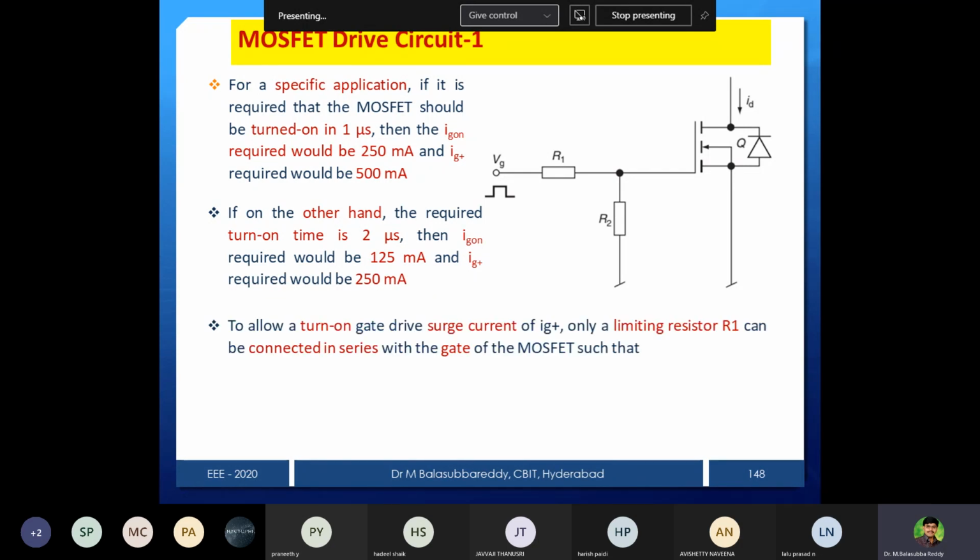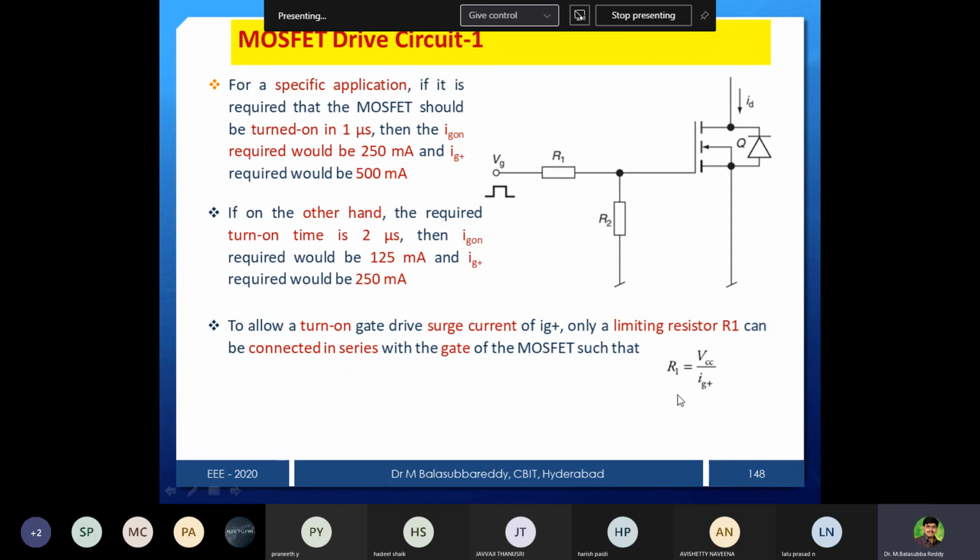To limit the turn on gate drive surge current of IG plus, the resistor R1 can be connected in series with the gate terminal. To limit that current, we make use of R1 for surge current limitation. Then R1 is equal to the applied voltage, here VCC, divided by the peak current IG plus. That value must be placed here.